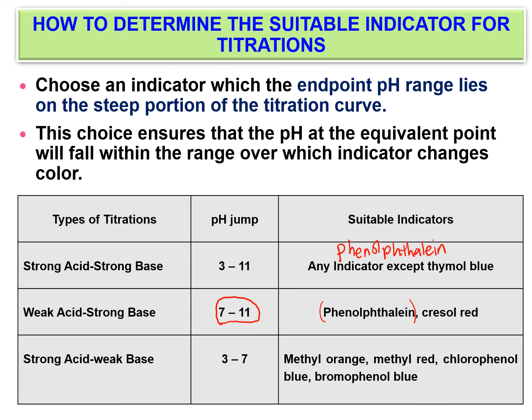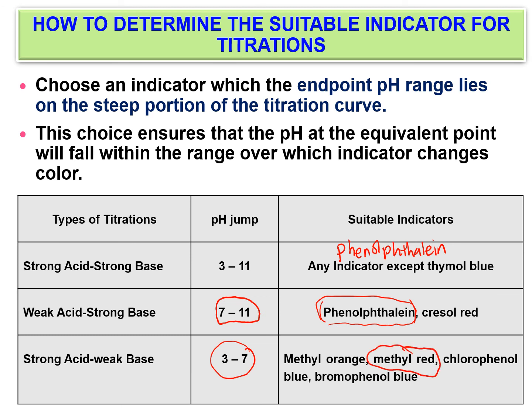Boleh juga kalau kita nak gunakan methyl red. Okay, methyl red tak sesuai. Okay, guna phenolphthalein je lah. Okay, so dua ni phenolphthalein. Okay, kemudian strong acid and weak base, tadi kita dah tentukan, pH jump dia 3 hingga 7, so kita akan gunakan methyl red.